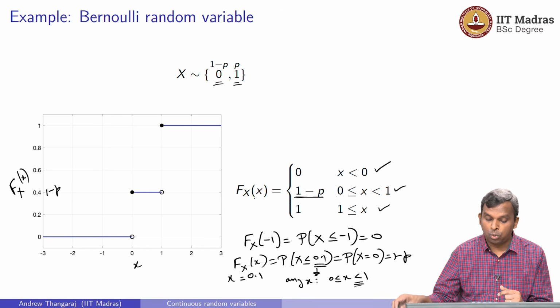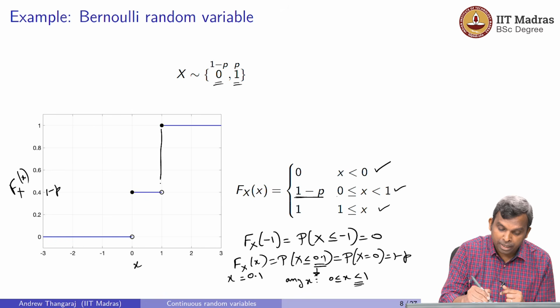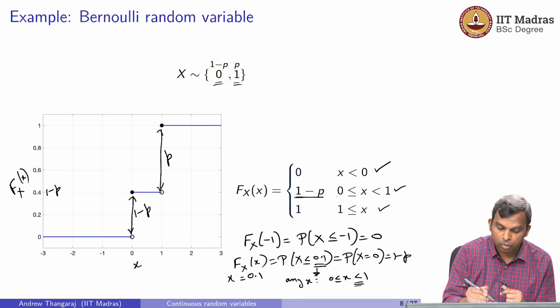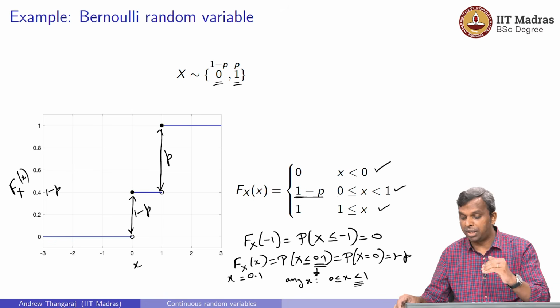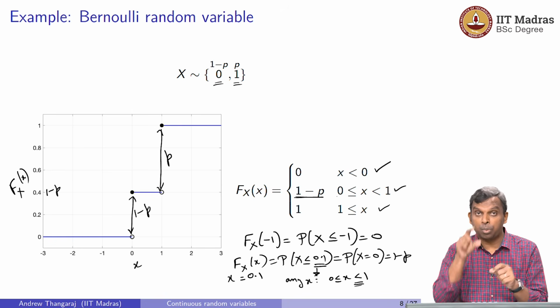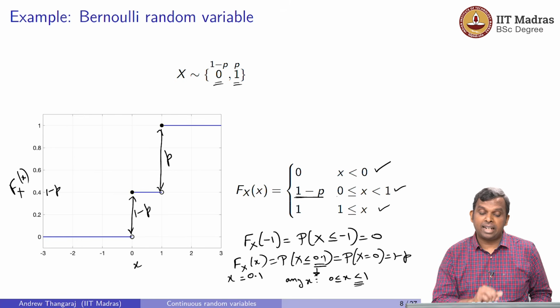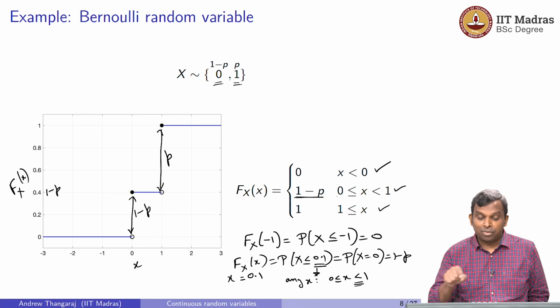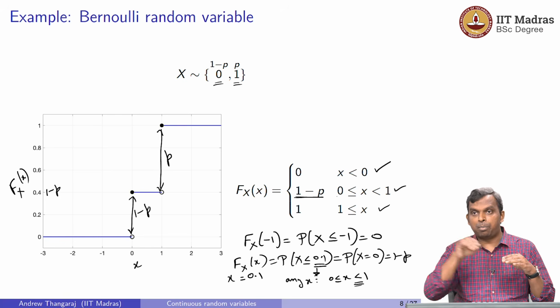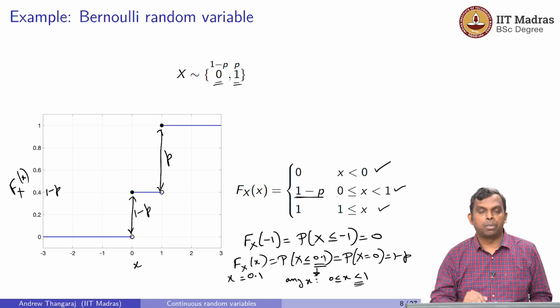It takes the value 1 with probability p. This distance is p, this distance is 1 minus p. The amount of jump that you have in the step is equal to the probability with which x takes that value, isn't it? So for discrete random variables, the CDF looks like a step function, and keeps going up.